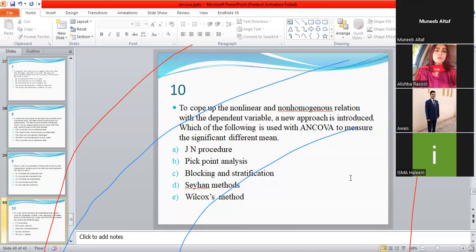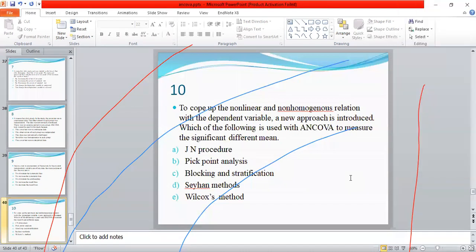D is the right answer. In the recent updates, I mentioned that Sehorn's approach is used to cope with the non-linear and non-homogeneous relation.